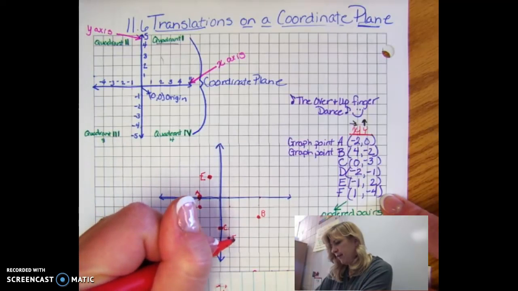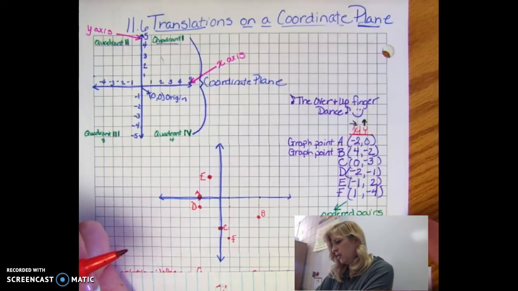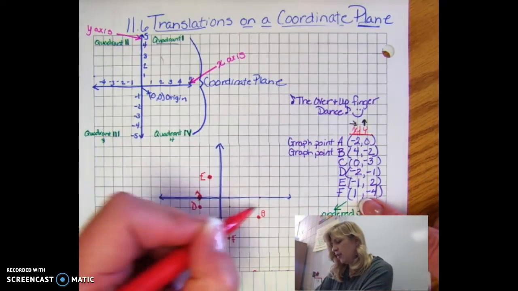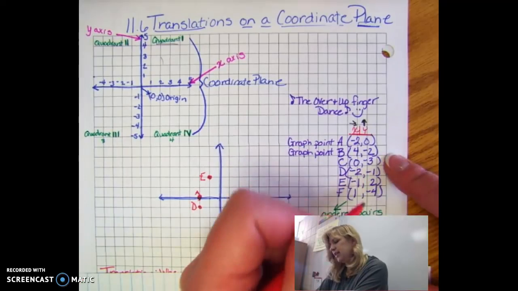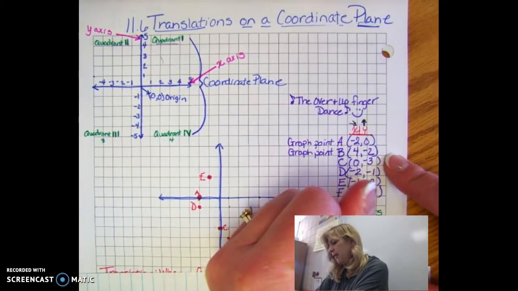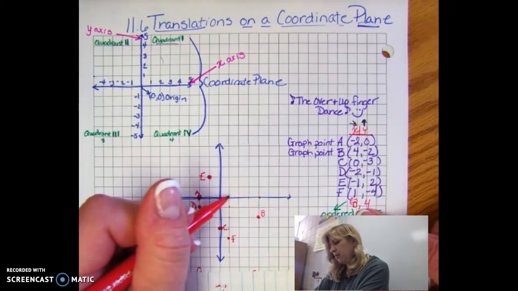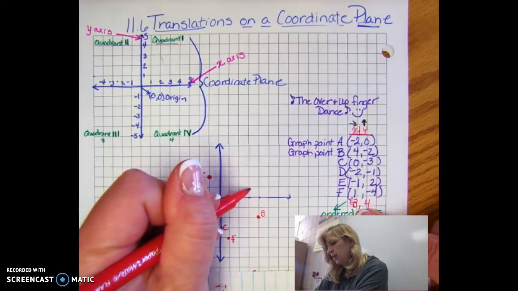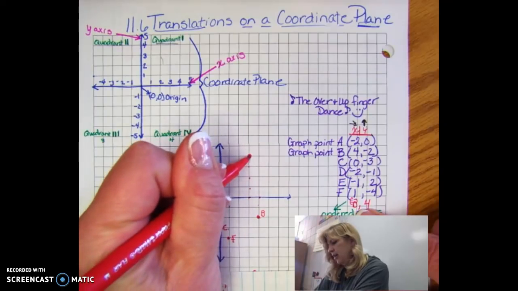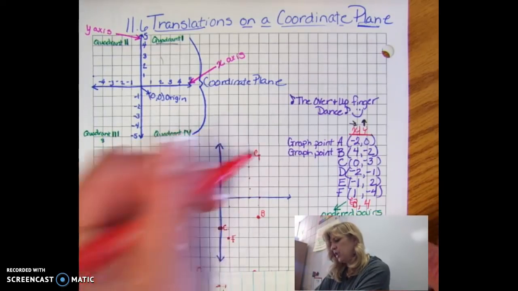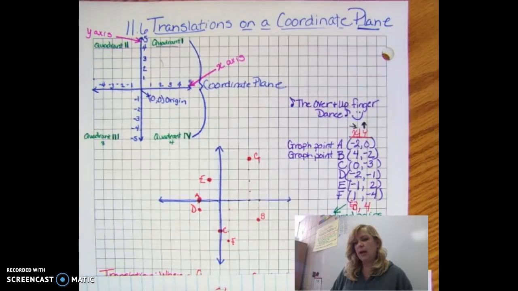That's F. So notice I don't have any in quadrant 1. Those are really easy. So if I had (3, 4) and we were going to name that G, that would be 1, 2, 3, 1, 2, 3, 4. And that would be my point G. And that's in quadrant 1.